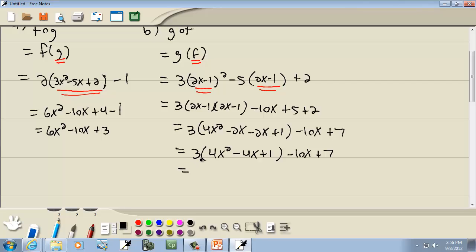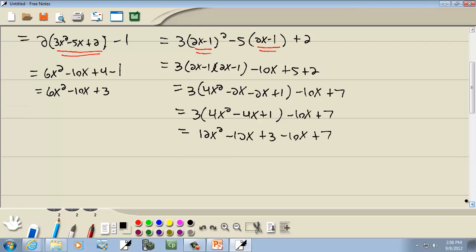Now multiply the 3 through using the distributive property. 3 times 4 gives us 12x squared. 3 times negative 4x gives us negative 12x. And 3 times 1 is 3. Minus 10x plus 7. Combine together like terms. Negative 12x minus 10x is negative 22x. 3 plus 7 is 10. And that would be our answer.